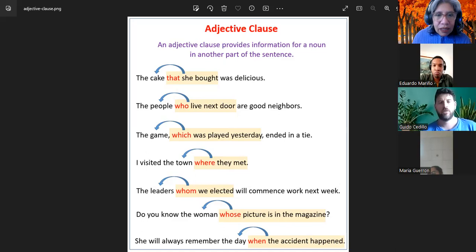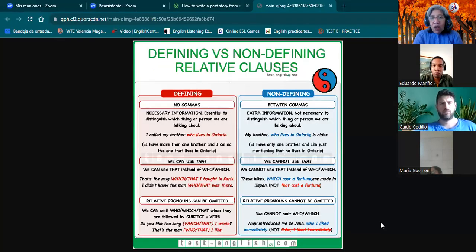Sometimes that information is very important, and sometimes it's just additional. We call them defining and non-defining relative clauses.